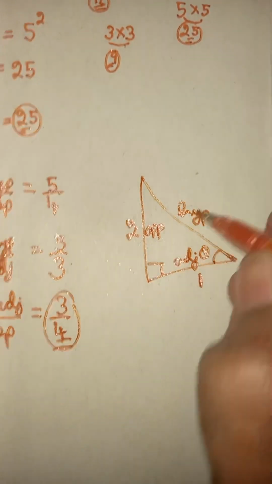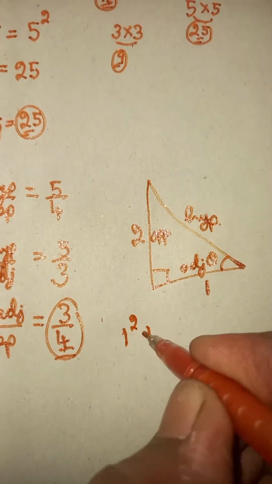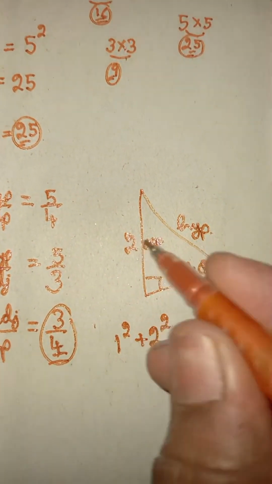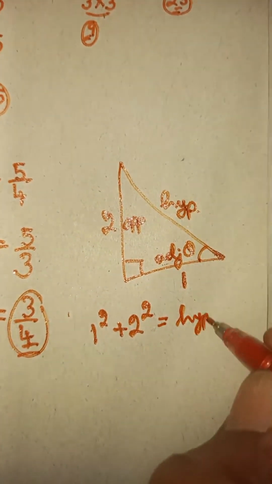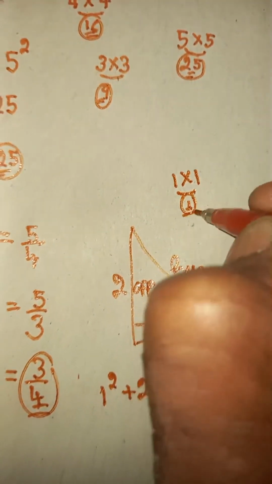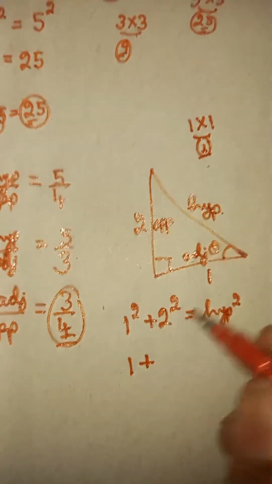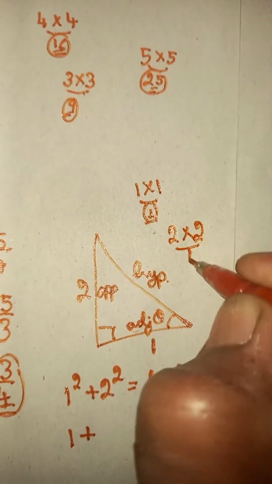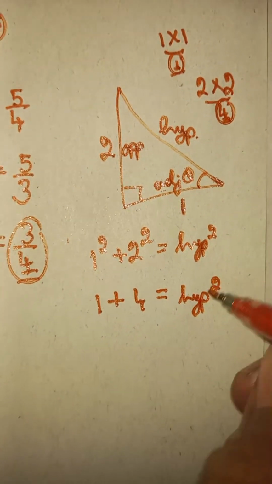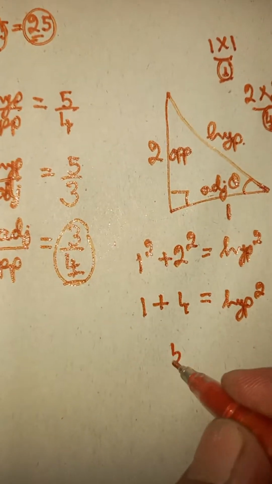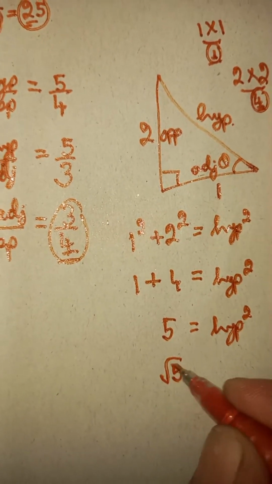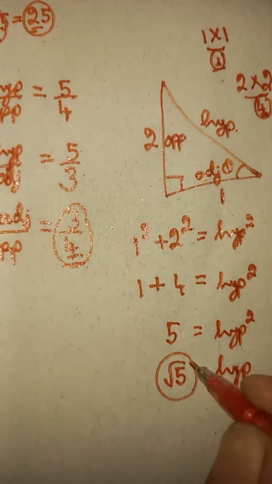First let's find the value of the hypotenuse, that is 1 squared plus 2 squared. This side squared is 1 squared, this side squared is 2 squared, which is equal to the hypotenuse squared. 1 squared means 1 times 1, which remains 1, and 2 squared means 2 times 2, which becomes 4, which is equal to the hypotenuse squared. Now 1 plus 4 means 5, so 5 equals the hypotenuse squared. The square moves to that side and becomes a square root, so root 5 is the hypotenuse.